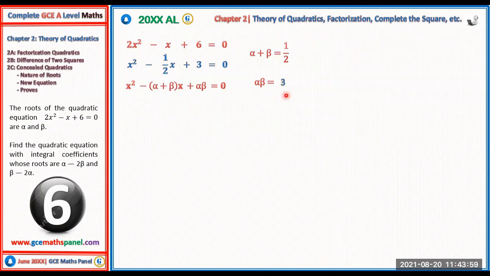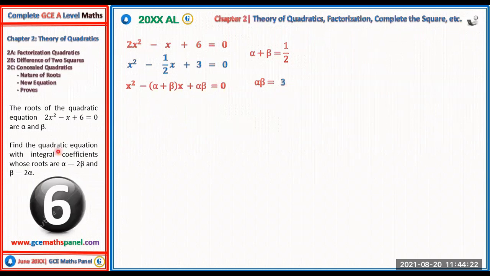For example, if you tell me that the sum of roots for an equation is a half and the product of roots is 3, and I should form an equation with those roots, this is what I will do. I'll just say x squared minus that sum of roots, that is minus a half x, plus the product of roots 3 is equal to 0, and form an equation.